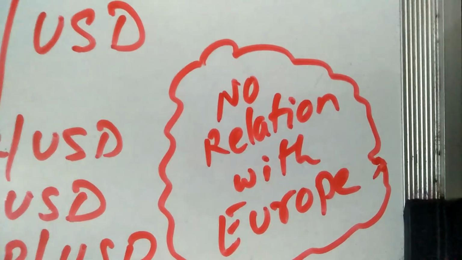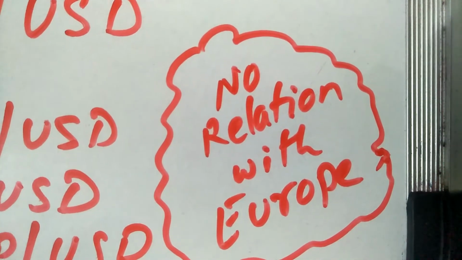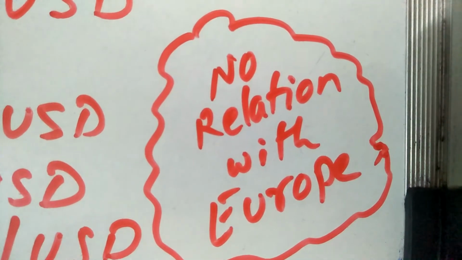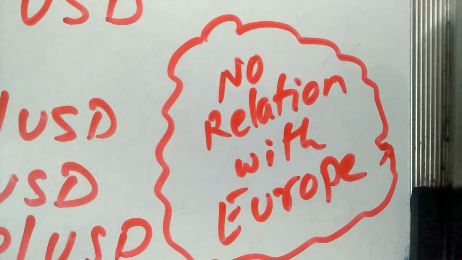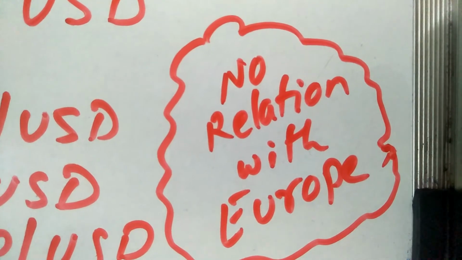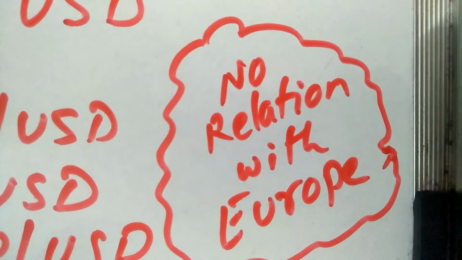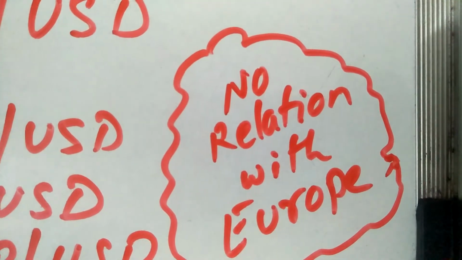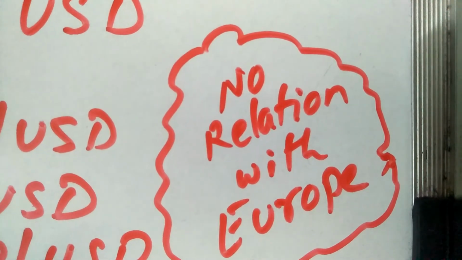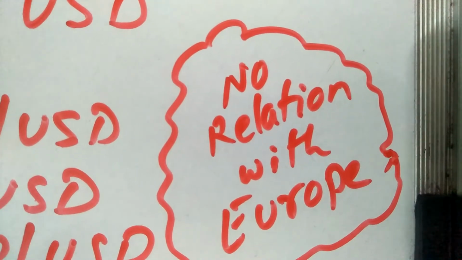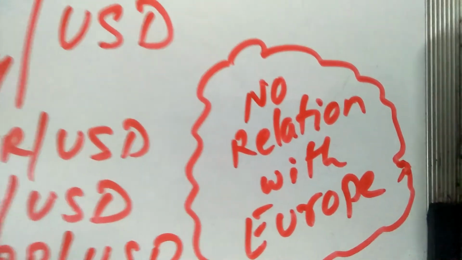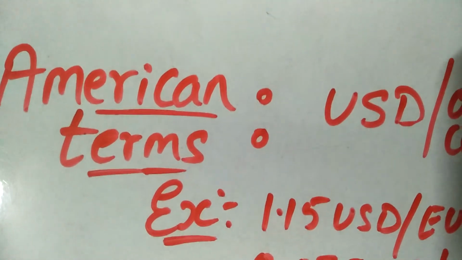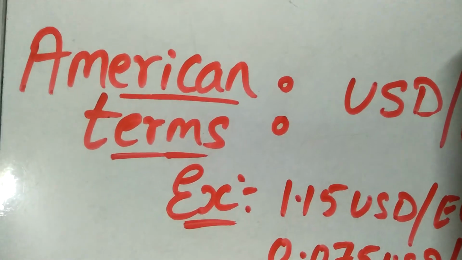Let us understand. When these quotes were decided, when the exchange rates were decided and the terms were defined, most of the global trade was occurring between the US and Europe, between the Americans and the Europeans. So when the quote was written from the American people's perspective, it was called American terms.